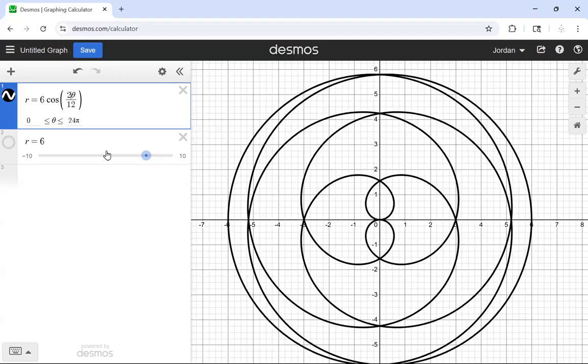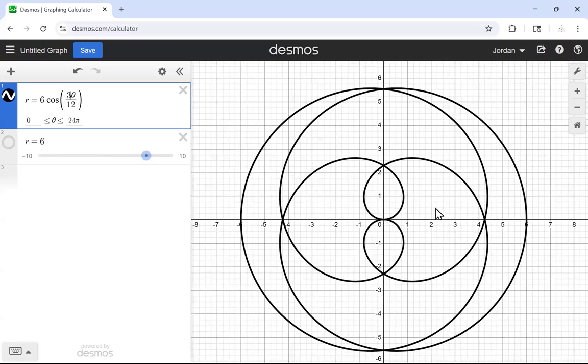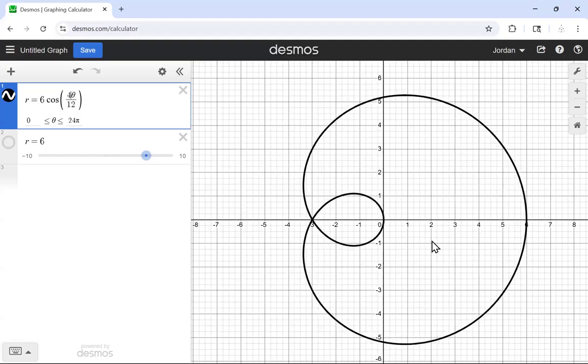Now, what if I did 2 theta over 12? Well, then I get less loops. By the way, 2 theta over 12 is like theta over 6. What about 3 theta over 12? Well, then I get these strange looping objects. What if I did 4 theta over 12? Interesting. That almost looks like one of those limaçons with an inner loop, but moved over.